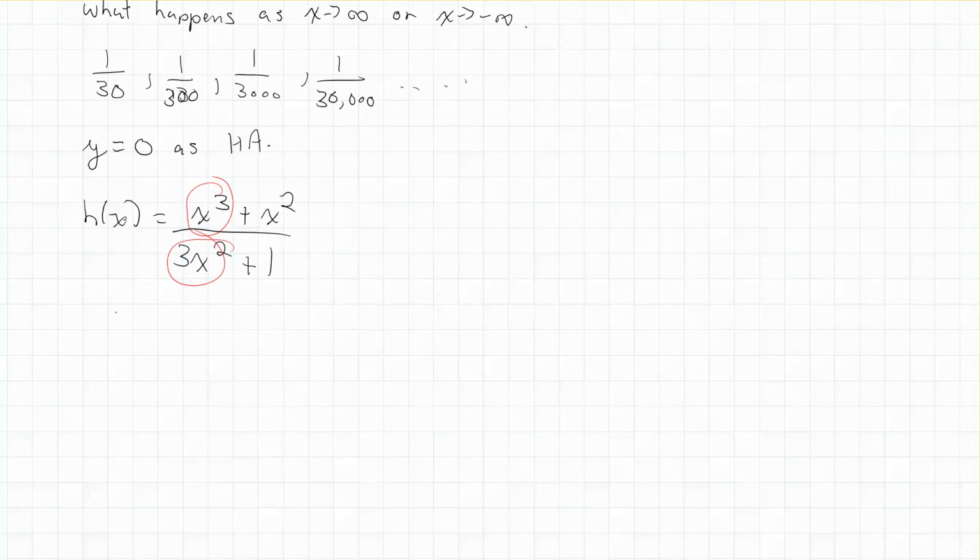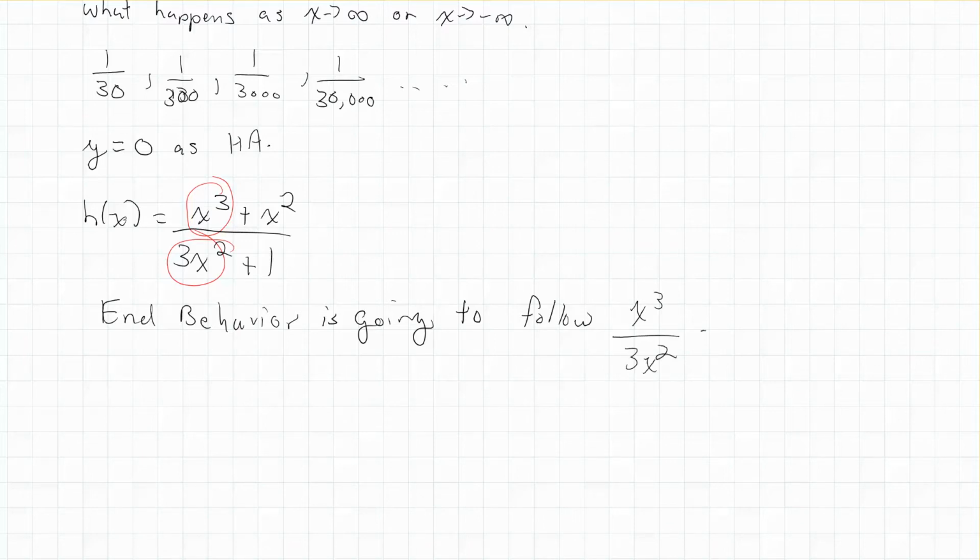And so the end behavior is going to follow x cubed over 3x squared, which reduces to x over 3.